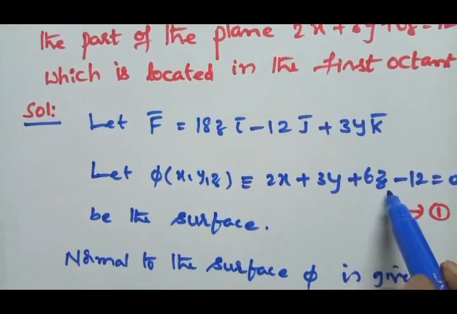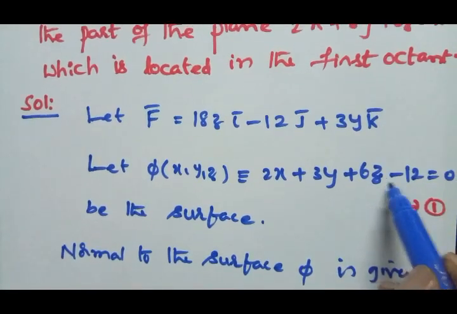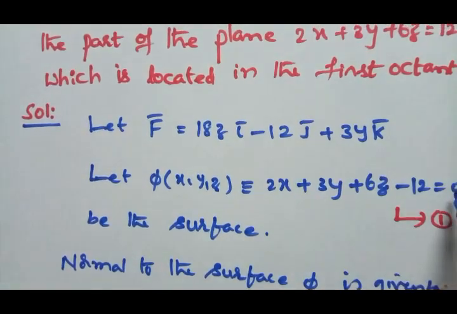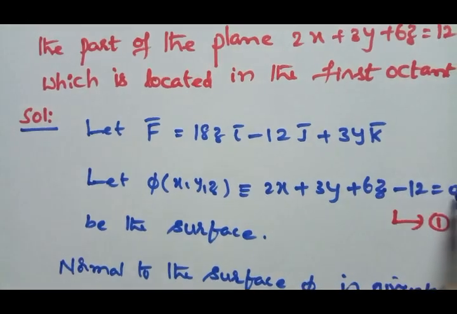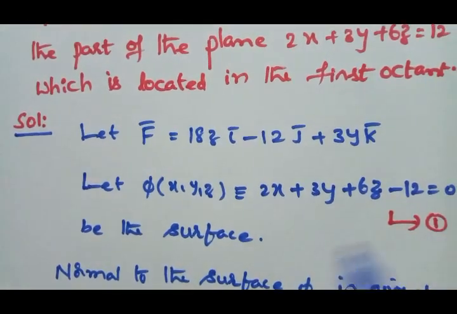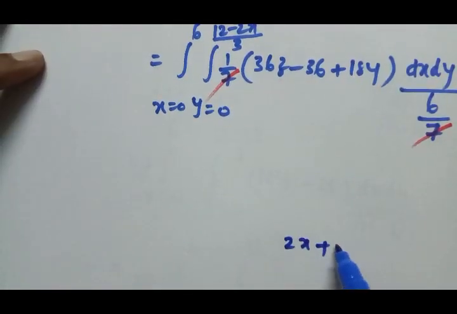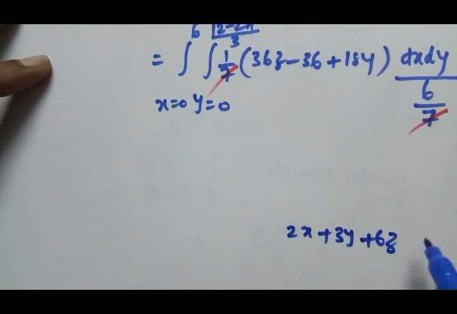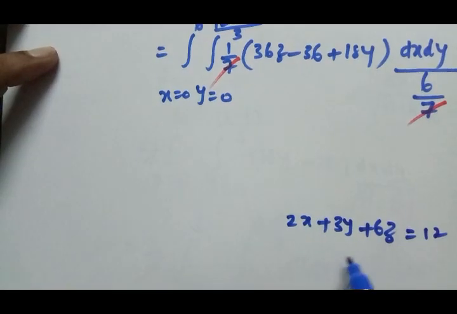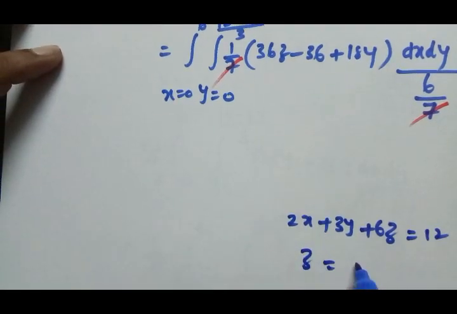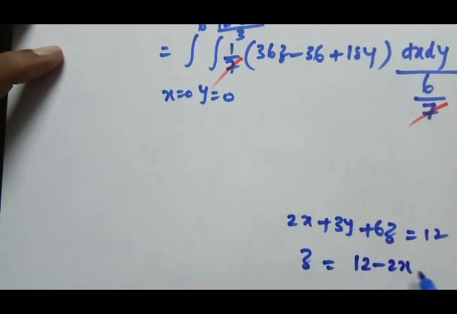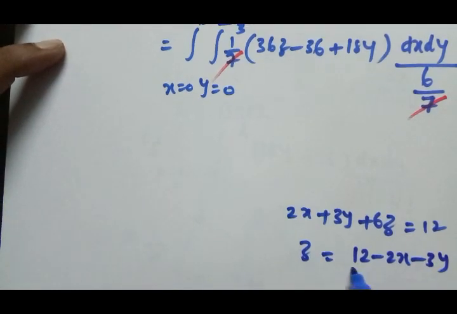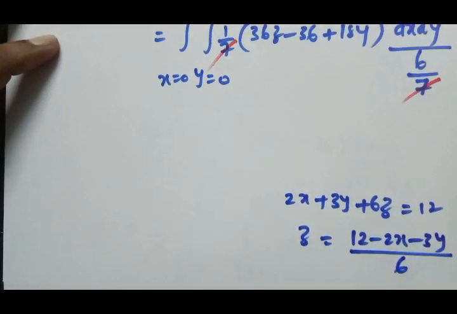Therefore 2x plus 3y plus 6z equal to 12, so z is equal to 12 minus 2x minus 3y by 6.